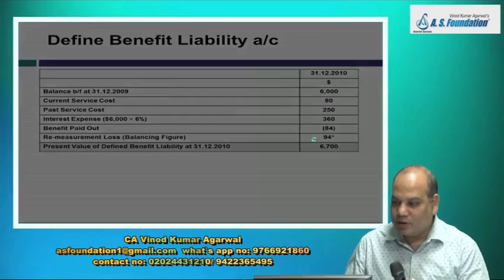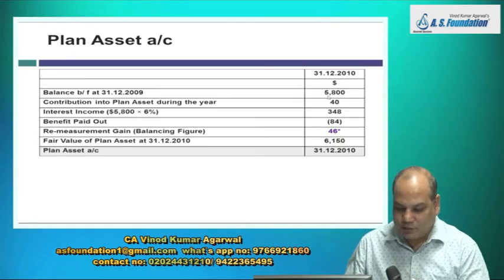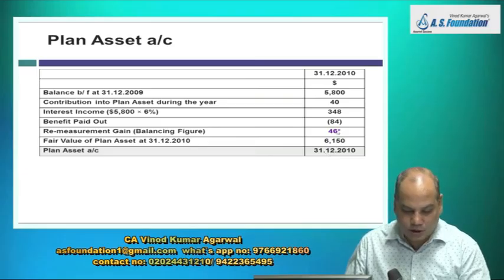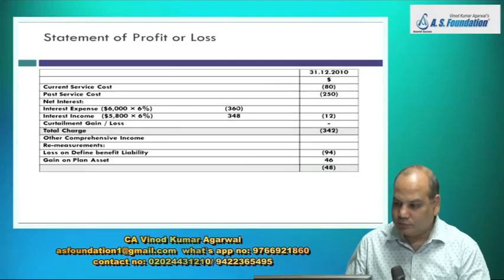Okay. And then try asset. 5800, 40, 348, benefit paid 84, remeasurement gain 46, balancing figure, closing is 6150. Okay, so 46 gain and 94 loss.